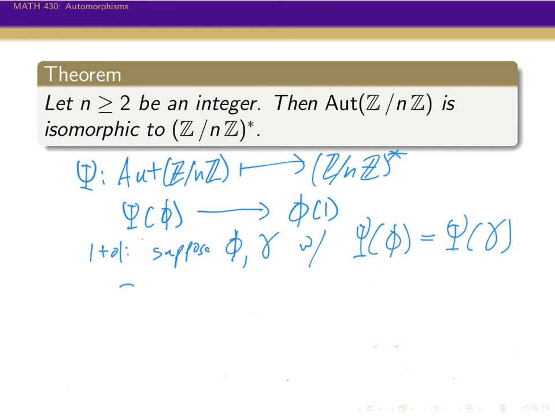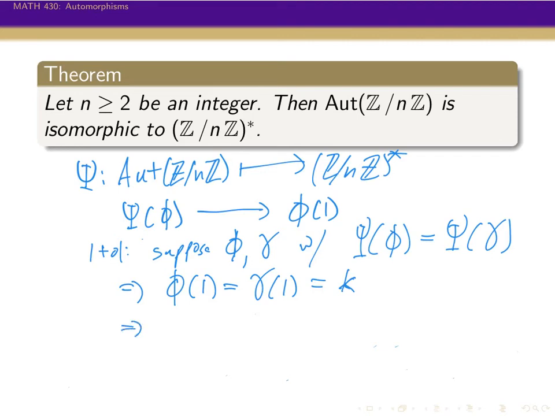Okay, then this means that phi of 1 is equal to gamma of 1, and let's say that value is, well, let's use k again.